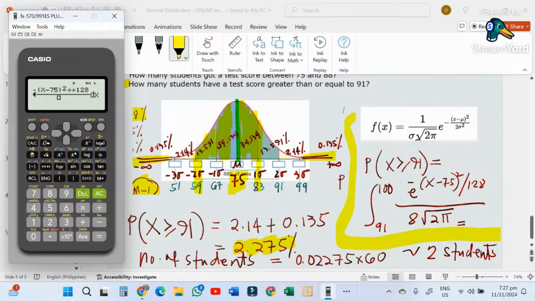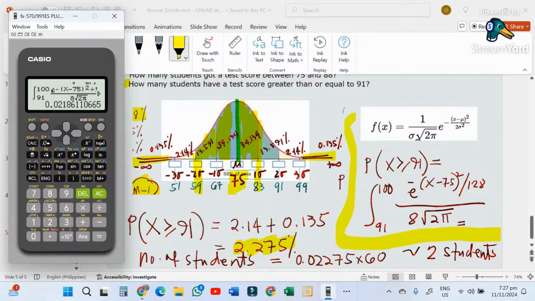Oh, I did a double division, 128. And then you go down and type in 8, and then a square root, 2 pi, times 10. And you notice that this is with a dx because it's an integration. All right. And then you press equals, and there you go.